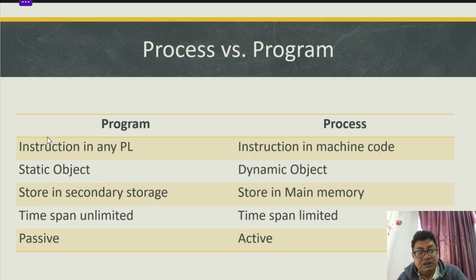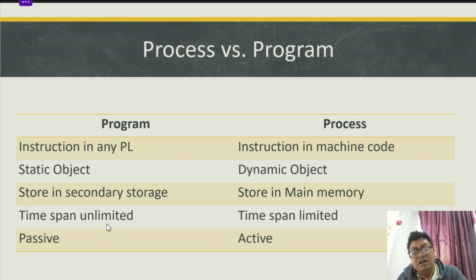Continuing the same point, the program is stored in secondary storage or hard disk, whereas the process is stored in main memory. I hope in the third difference you have no doubt. In the next difference, the time span is unlimited. In a hard disk, if you save any program, until you delete it, it will be saved for a lifetime.